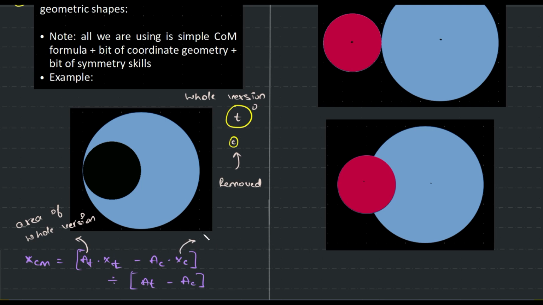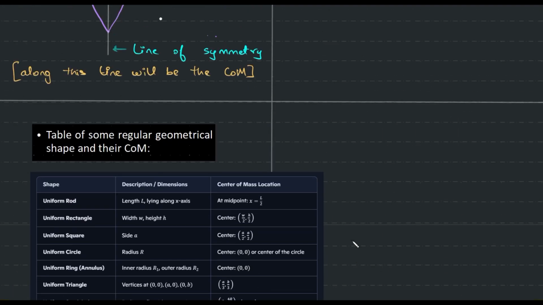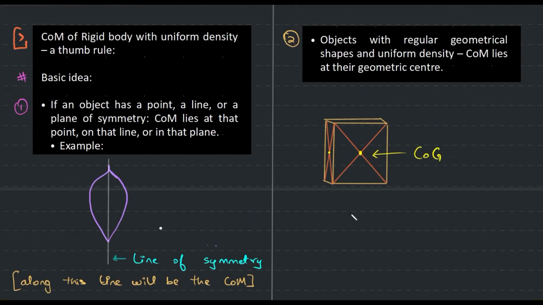And X here represents the X coordinate of the center of mass of the removed version. Okay, so such will be the rule that we'll be following. Very simple. I'll explain with an example. But you have to know this. Copy all of this. We'll make use of it and we'll understand better.